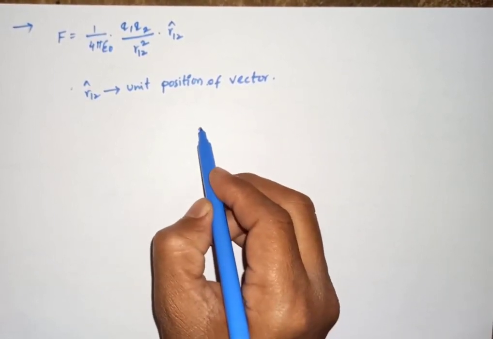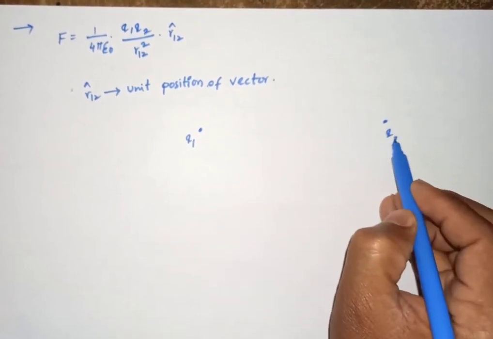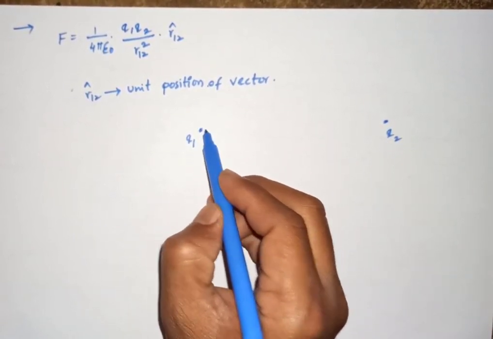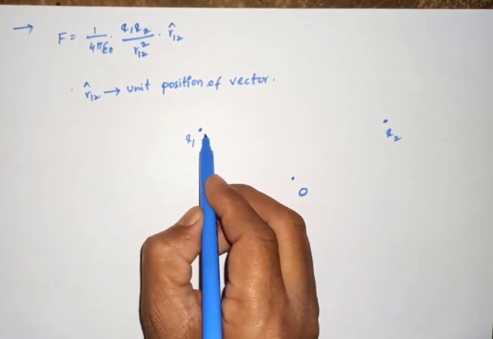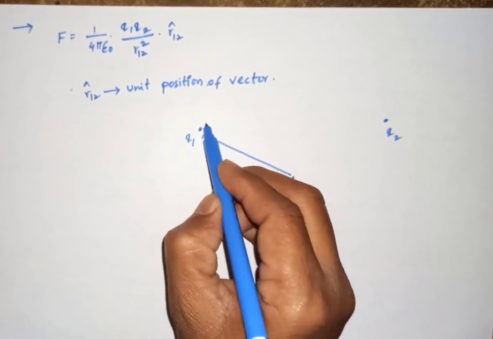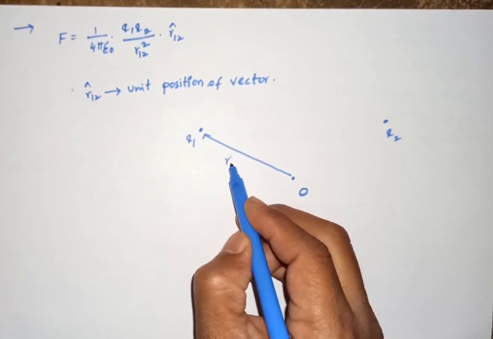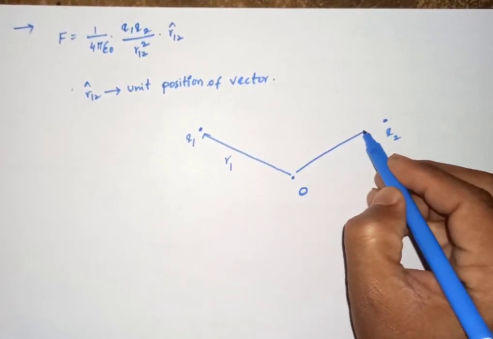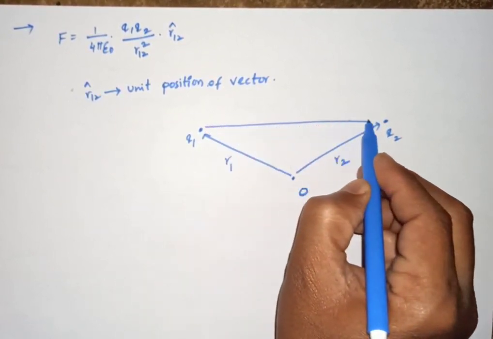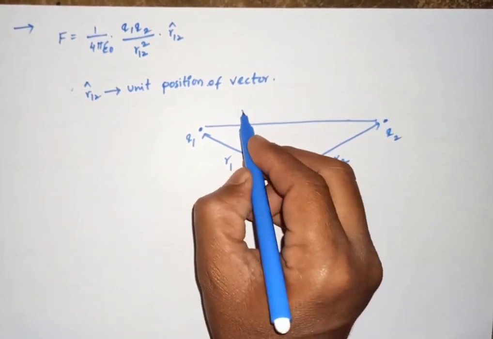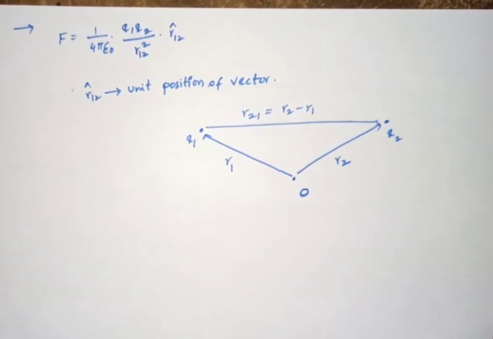For example, for these two charges q1 and q2, with the origin of the vector, the position vectors are taken as r1 and r2. Then the resultant position r21 equals r2 minus r1.